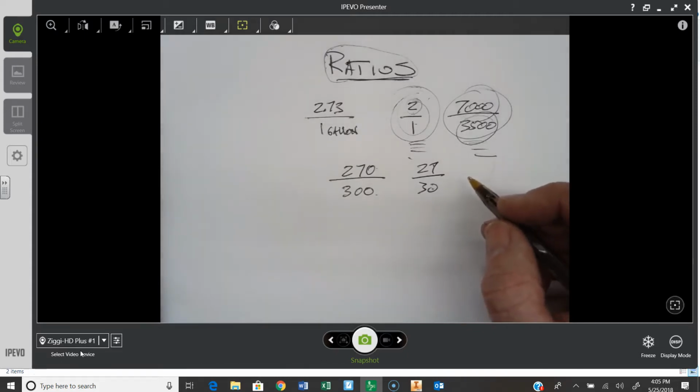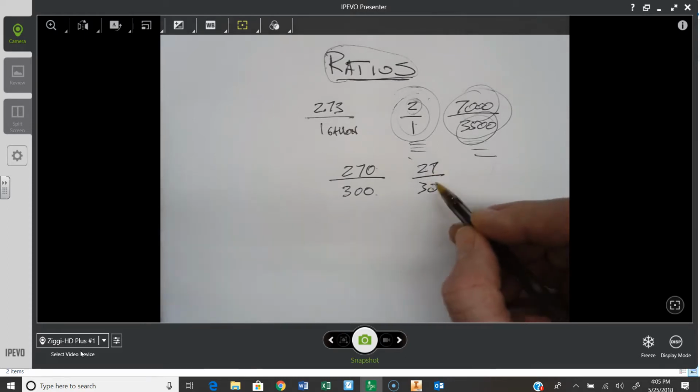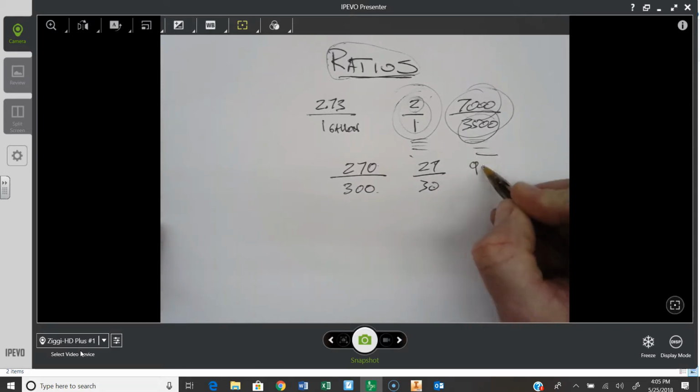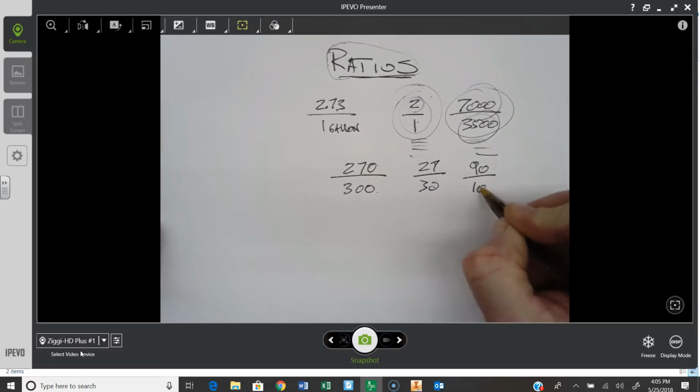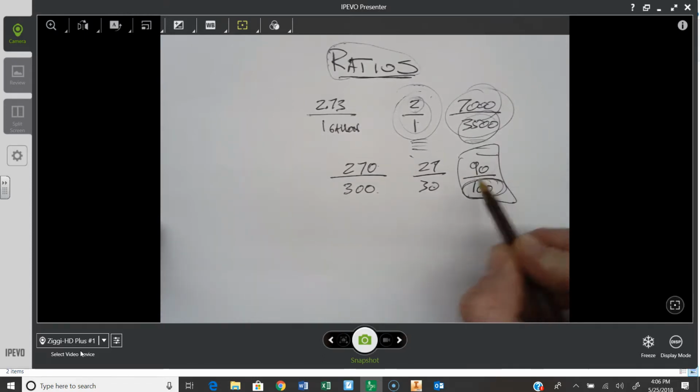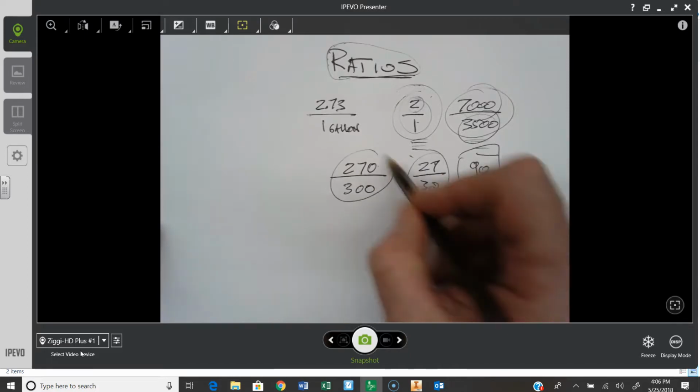They're going to say, I want to know what it would be out of 100. 27 out of 30, I think that's pretty good, but if I look at it as 90 out of 100, then that makes even better sense to me. So all percent is the same ratio as this.